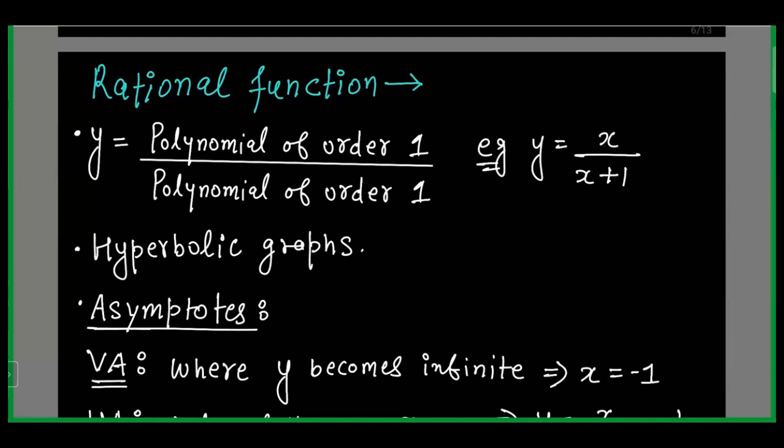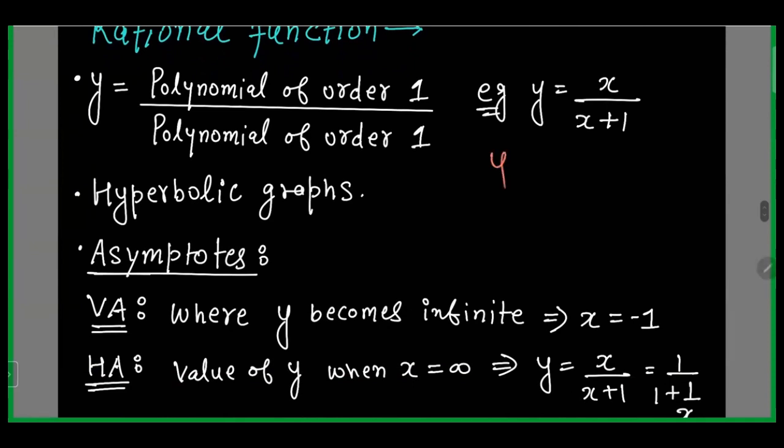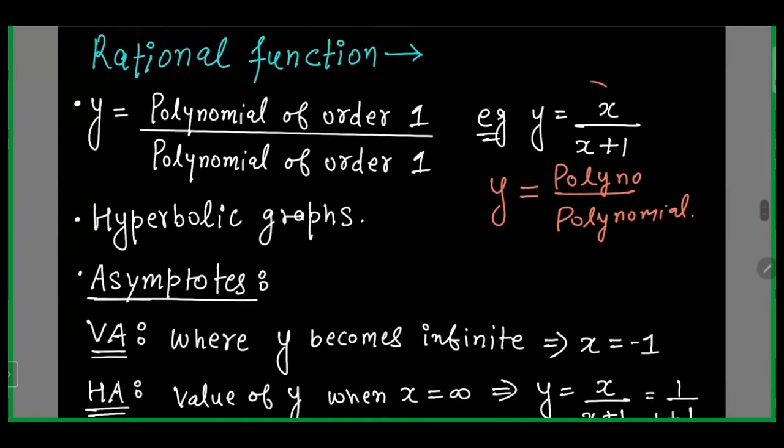Okay. So now let's move to rational functions. A rational function is y equals, so in the numerator you also have a polynomial and in the denominator you also have a polynomial. Both polynomials are of order 1. So you can see an example. In the numerator you have the polynomial x, and in the denominator you have the polynomial x plus 1.